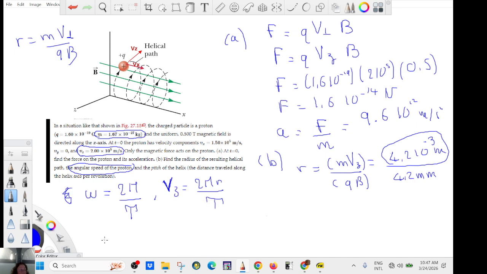Or you know your equation: omega is q b over m. You can use that, that will work also.